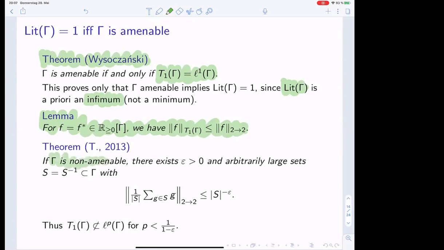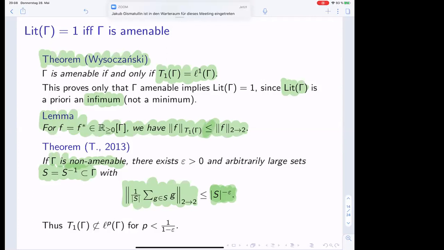So what I proved is that if the group is non-amenable, then there exist arbitrarily large finite sets, you can take them to be generating sets of the group gamma, so that the Markov operator from L2 gamma to L2 gamma is bounded by some expression that in some sense is uniform in S, right? So this was not known before. I think Kate and Tatiana worked on that problem for specific groups, but in that generality it was not known.